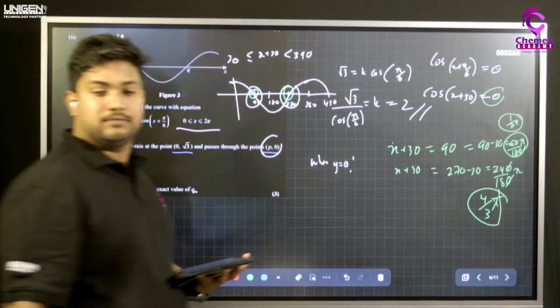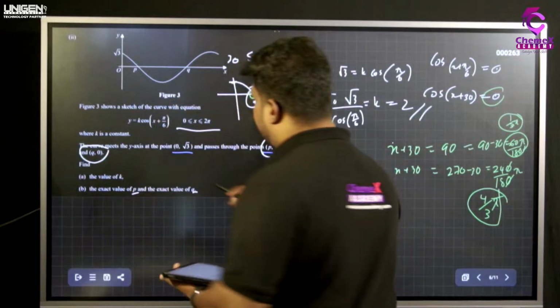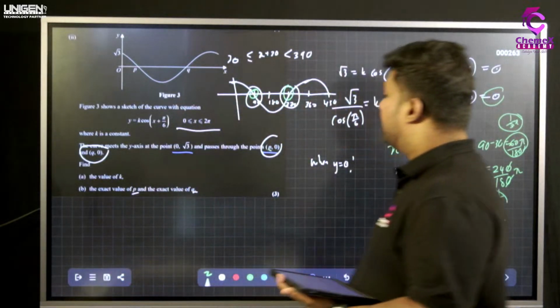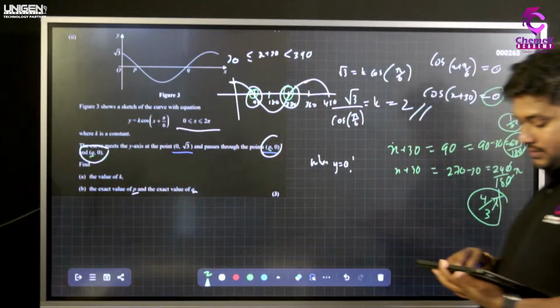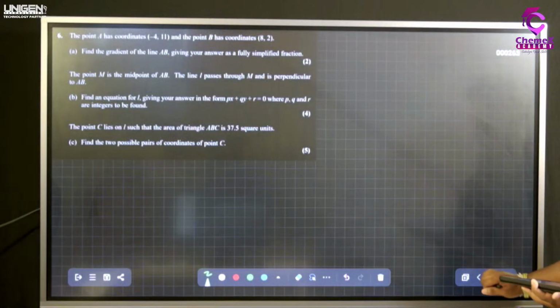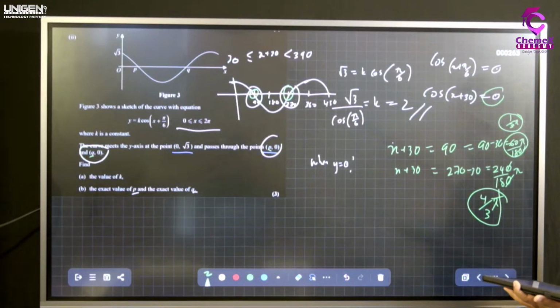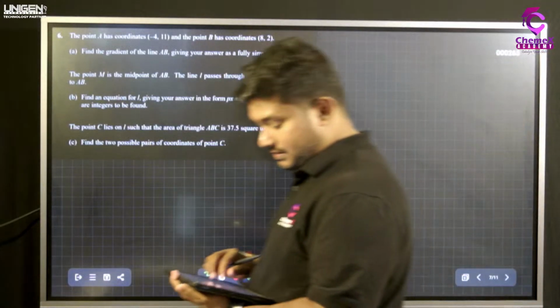Got it? So those are the two answers. P is equal to 1 over 3 pi, Q is equal to 4 over 3 pi, or vice versa. Any questions with that? Vivek? No, sir. Understood.